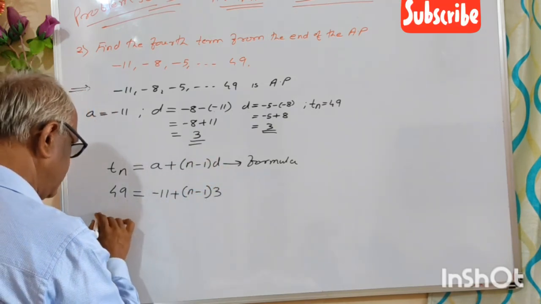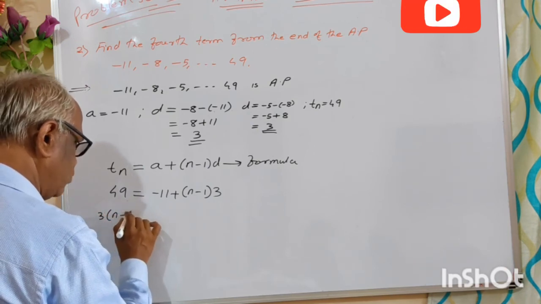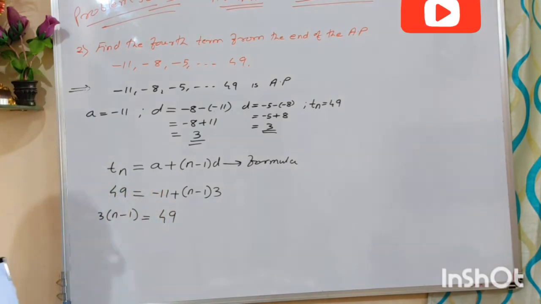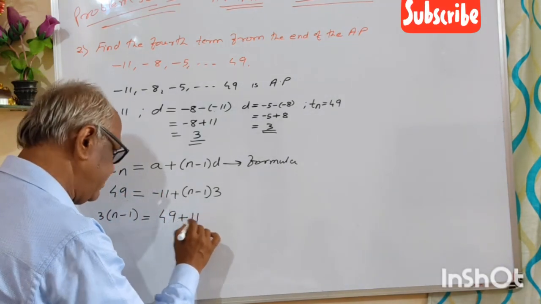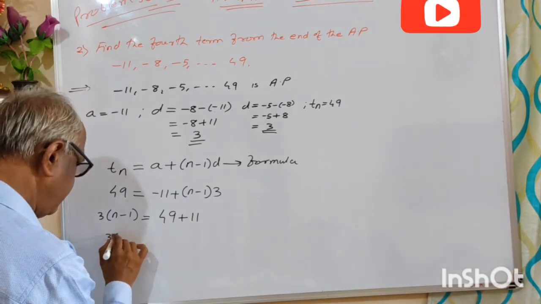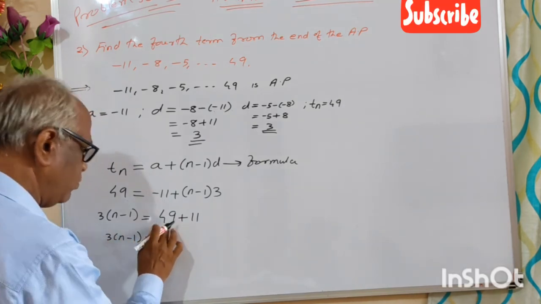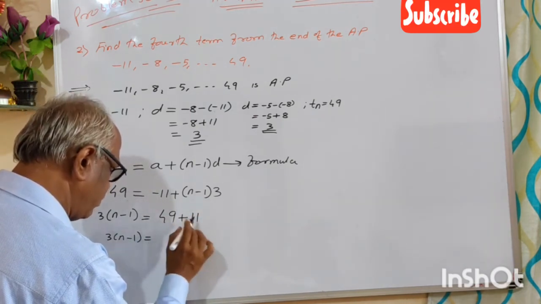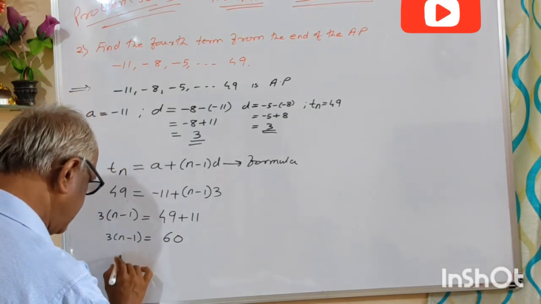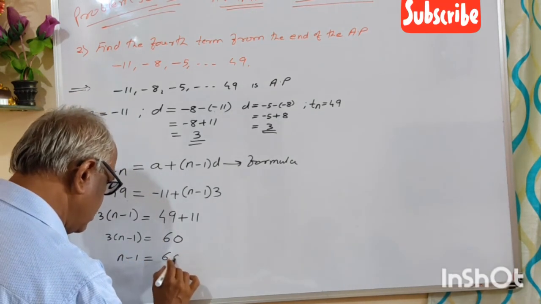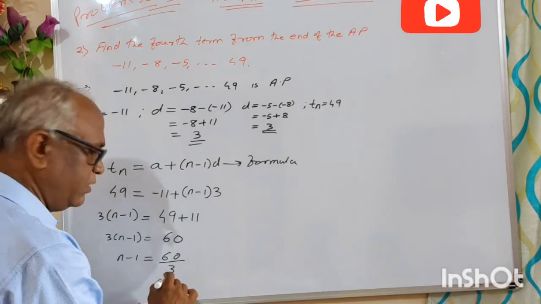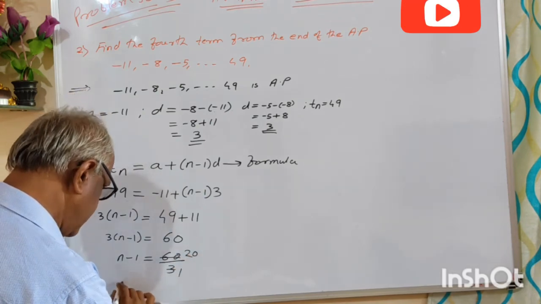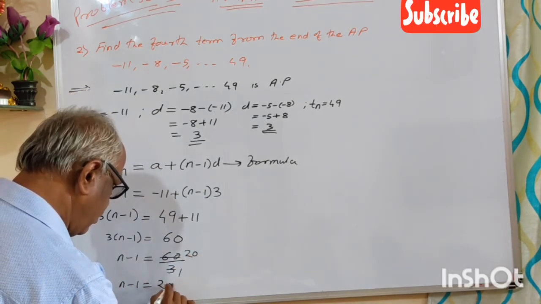So 3 into bracket n minus 1 is equal to 49, and this minus 11 is shifted to the other side of the equal to sign, it becomes plus 11. So 3 into n minus 1 is equal to 49 plus 11, that is 60. That is, n minus 1 is equal to 60 upon 3. 3 ones are 3, 3 twos are 6, and 0, so n minus 1 is equal to 20.